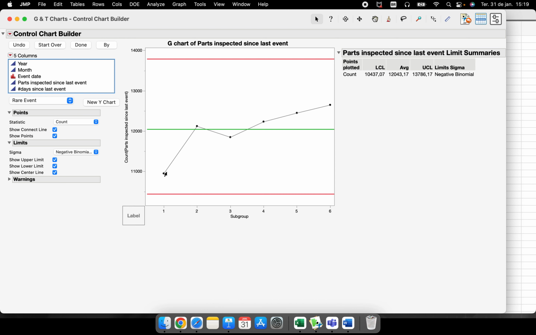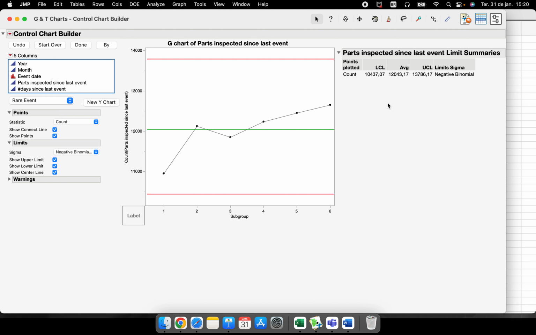So you have the event here, and you have 12,000 parts inspected until having the next event. So this is the G chart. The G chart is considering how many opportunities you had between the events.